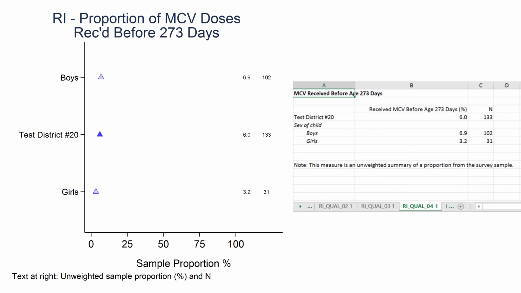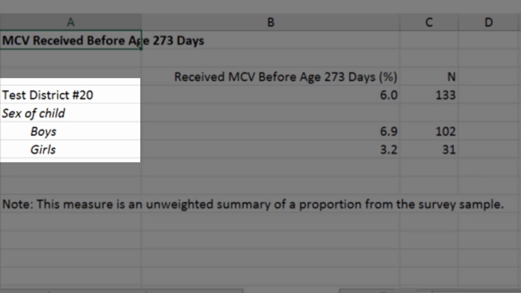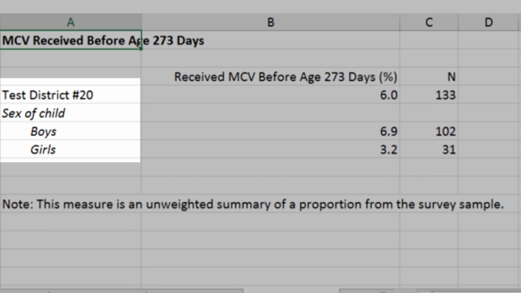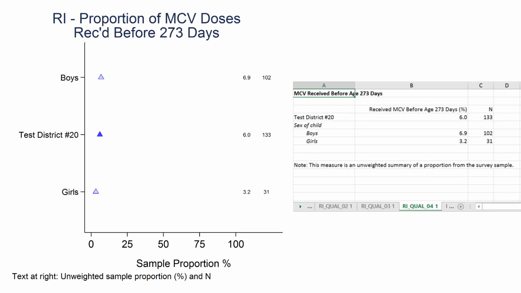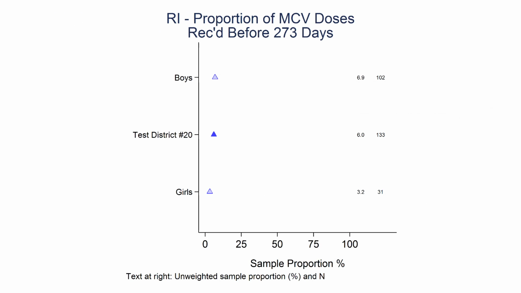For the next indicator, RI_qual_04, the tabular results are presented in the same order as RI_qual_03, but the graphic results appear in a different order. Boys have the highest proportion, so their row appears at the top of the figure. District 20 is quite simple.